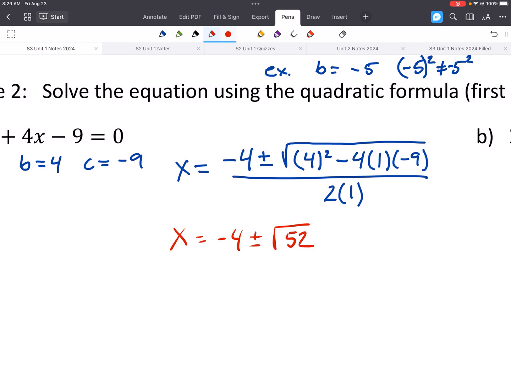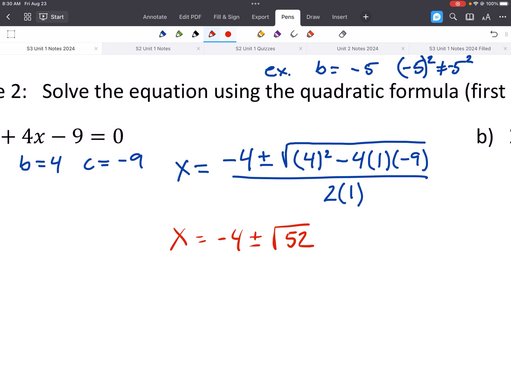If the discriminant is positive, then you are going to have two real solutions, okay? If it's something like the square root of 52, that's not a perfect square, so you're going to end up having irrational solutions.